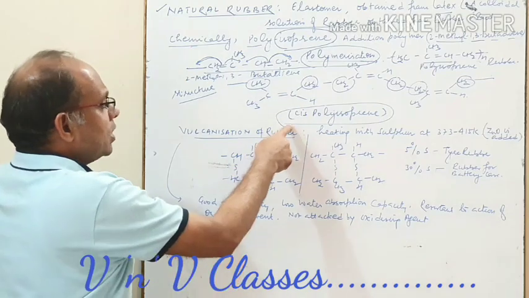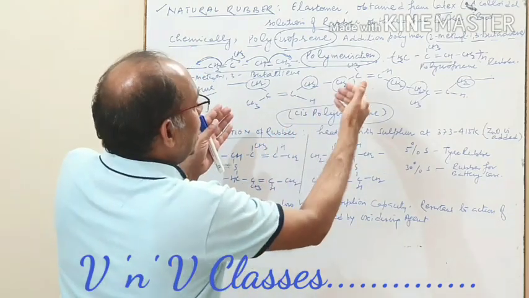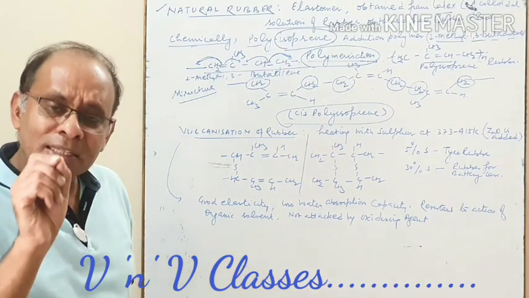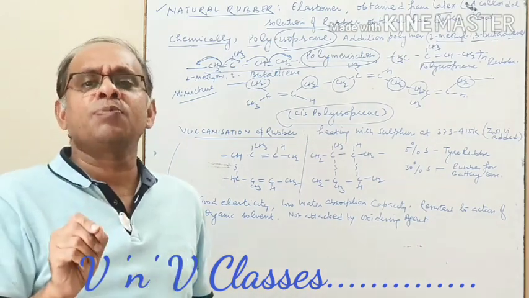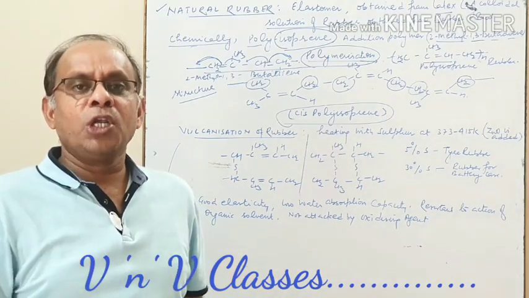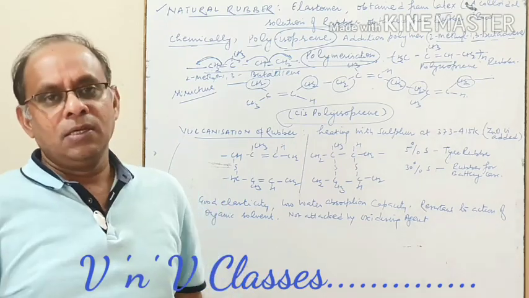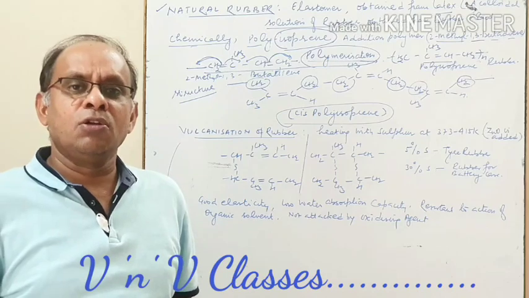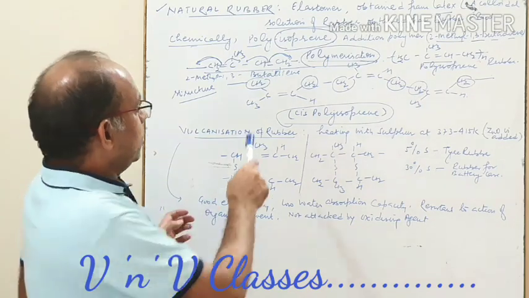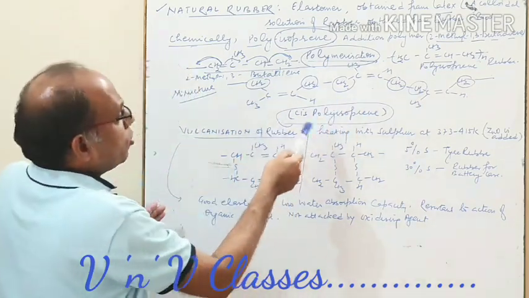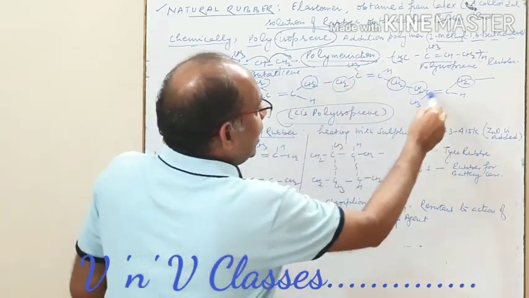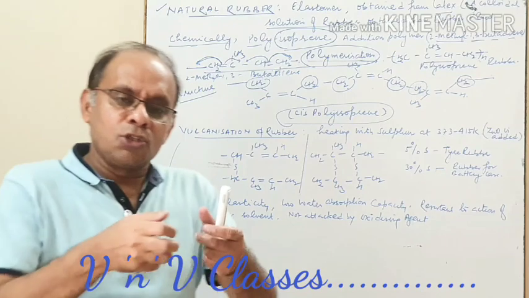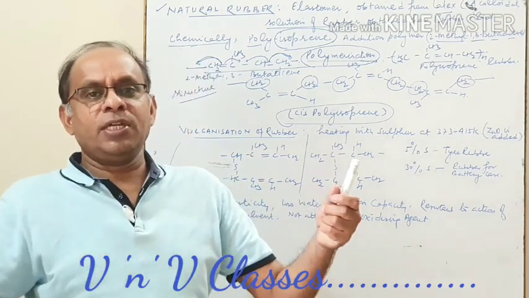Secondly, this cis configuration does not allow the double bonds to come closer. It brings the property of stretchability to this cis-polyisoprene. When they have weaker intermolecular forces, it seems from this structure also, they can have a coil-like structure, and when they have a coil-like structure, they will have the property of stretchability.